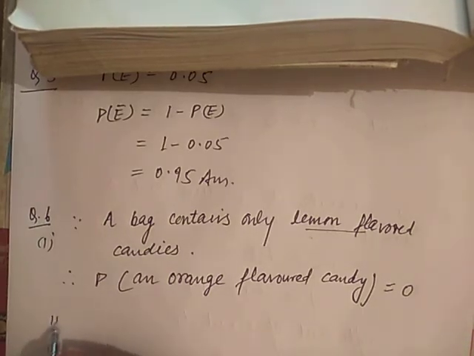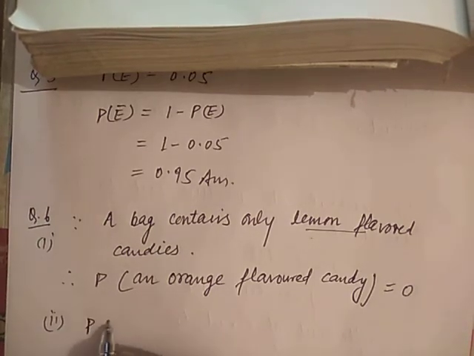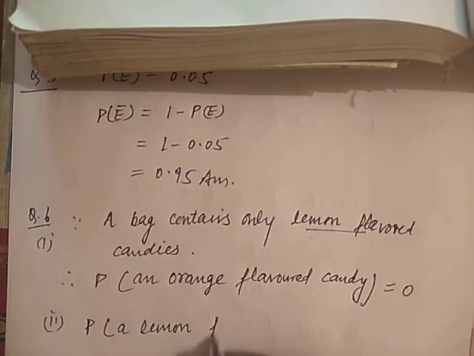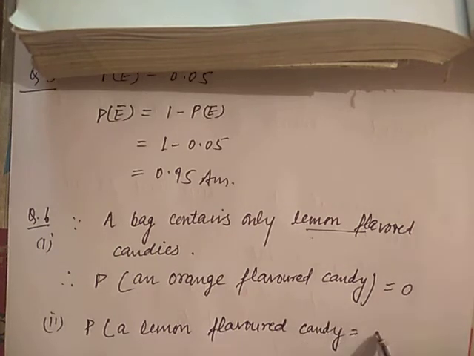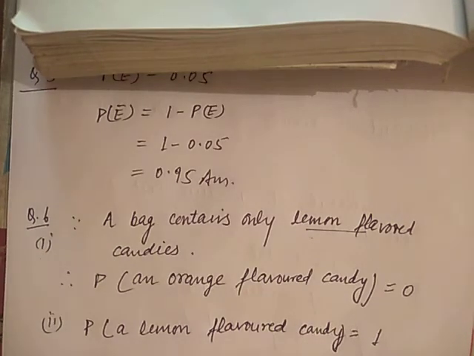And the second part is what? Probability of a lemon flavored candy will be equal to 1. Okay, so this question was very simple.